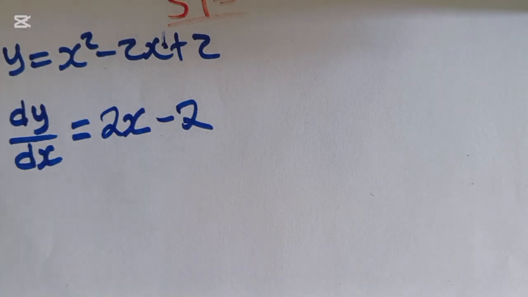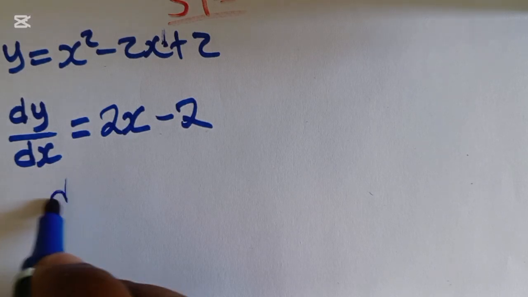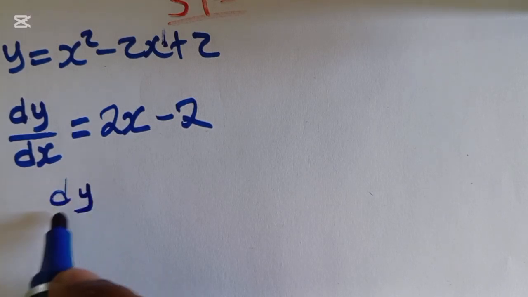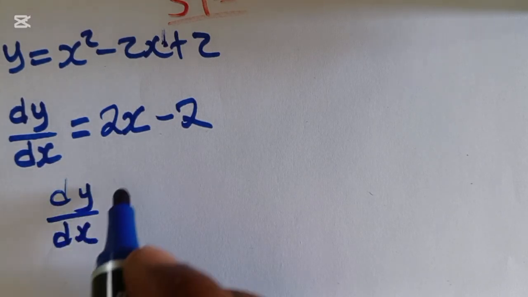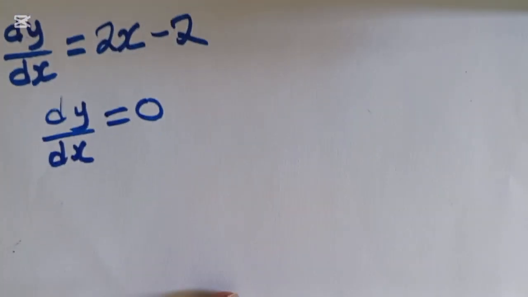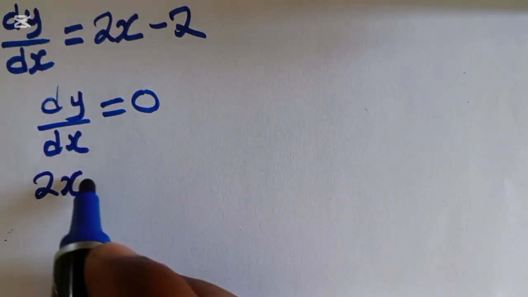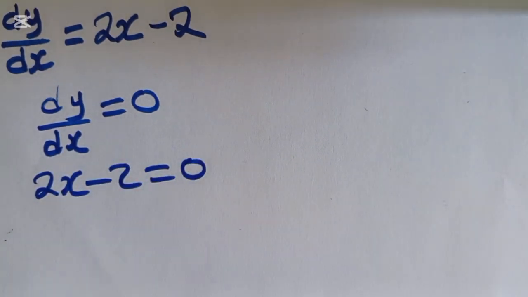Remember that at a stationary point the gradient is 0, so dy/dx is equal to 0. Where there is dy/dx, I'll substitute 0. So I'll say 2x minus 2 is equal to 0. Here I can just collect the like terms.